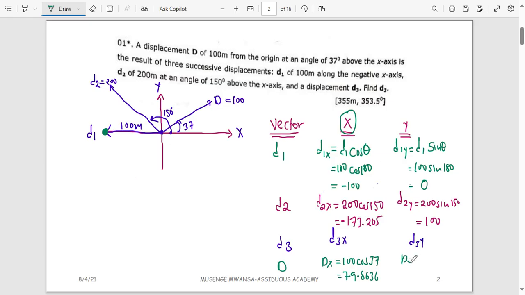And then we also find dy. It is 100 sine 37. So 100 sine 37 has given me 60.1815. Do these answers make sense? Yes, because in the first quadrant, both x and y should be positive.